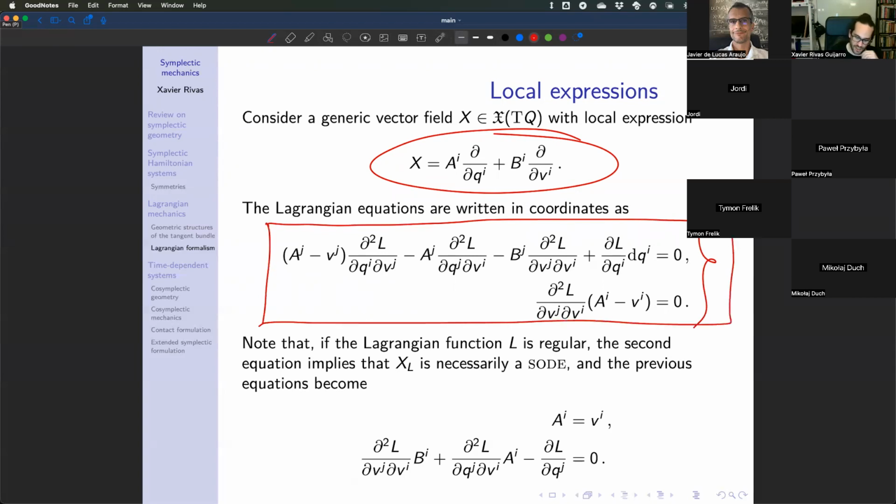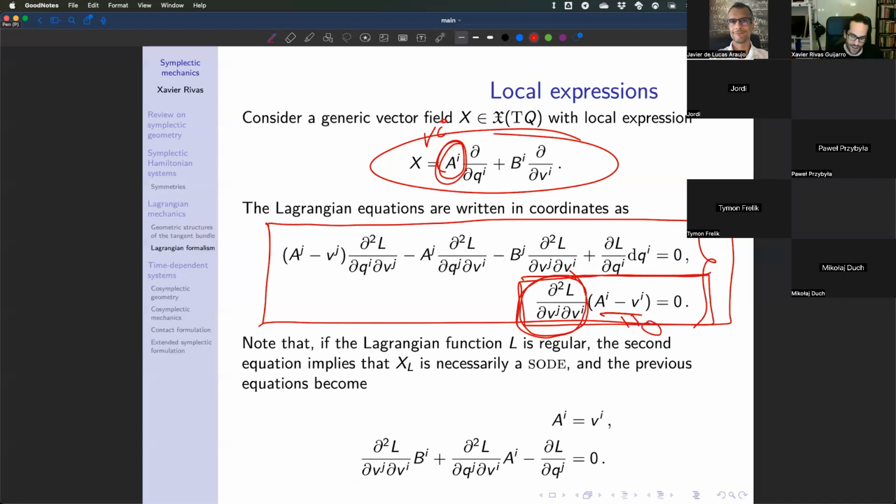These are the Lagrangian equations in coordinates, but take a close look at this second equation. This second equation tells us a lot, and actually it tells us that if this is invertible, these coefficients here have to be v^i, because this has to be 0.